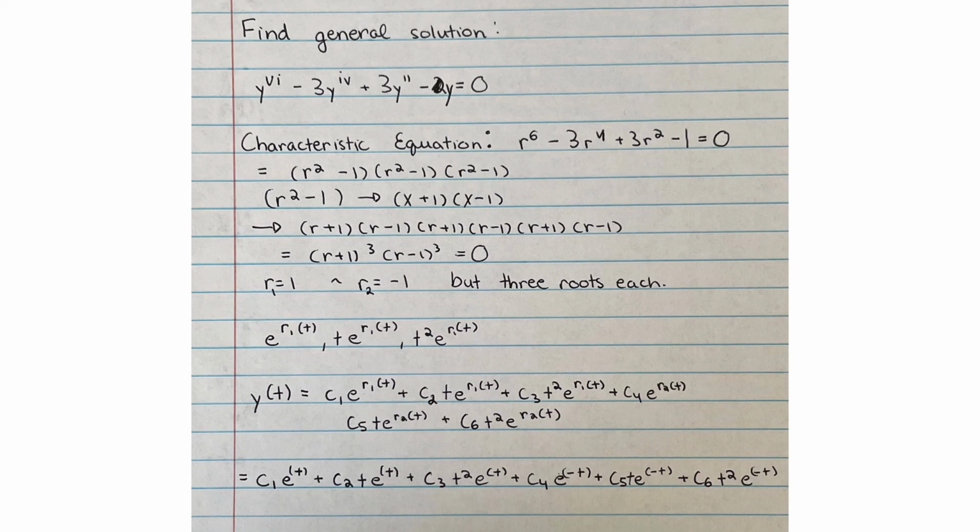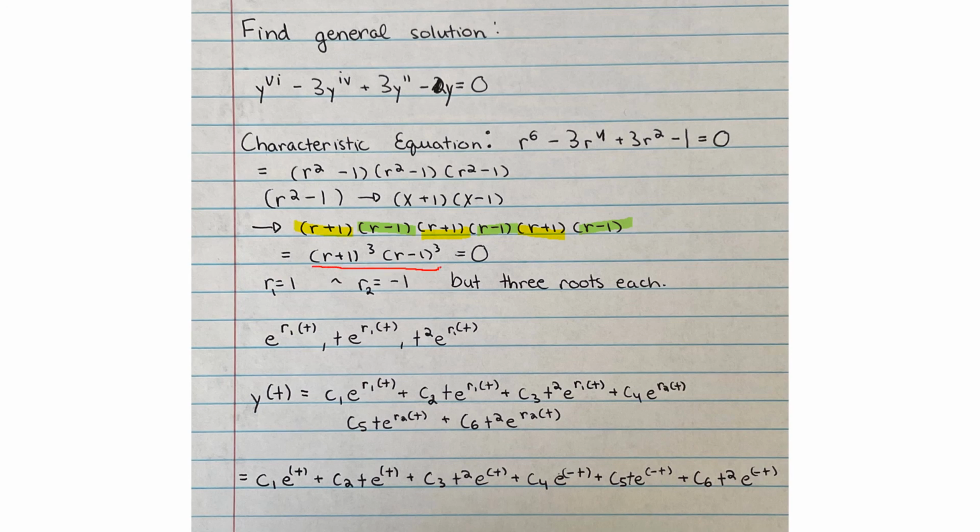When we start factoring out the characteristic equation, we see something funny. We see a bunch of matching pairs. So we end up with this little deal right here.